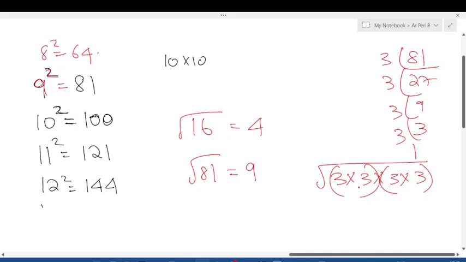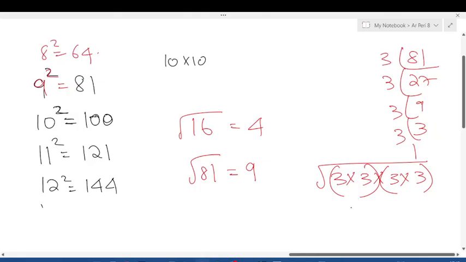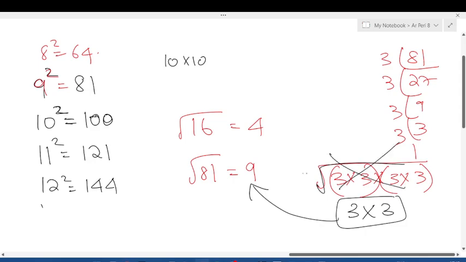And how many numbers do you take out from each group? 1. So what's the answer? 3 into 9. You see here we're getting the direct answer 9. So you don't need to learn this calculation part. If you know the direct answer, the square root of 81 is 9. The square root of 100 is 10.